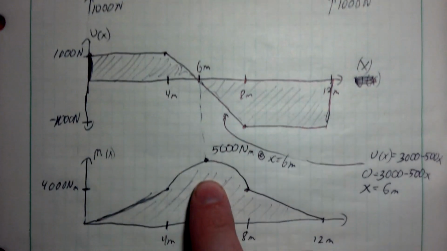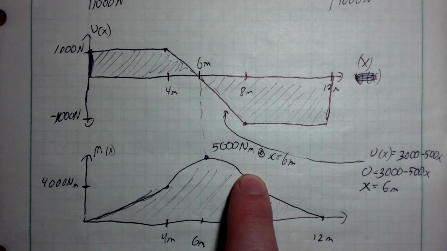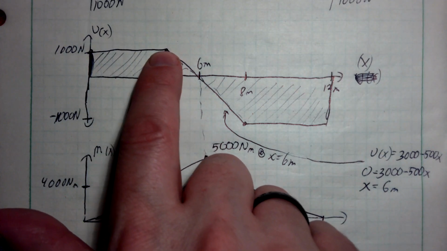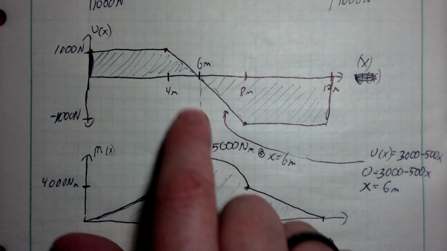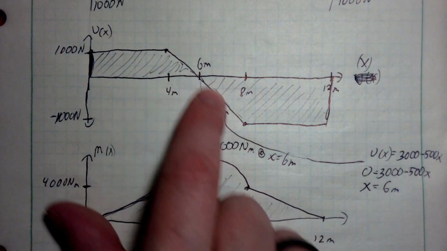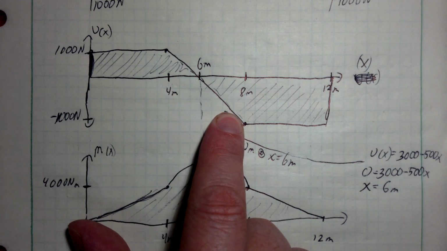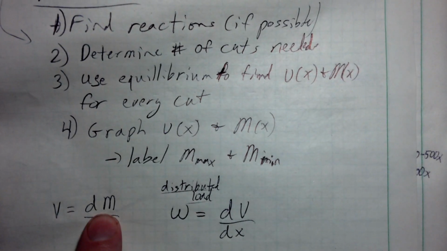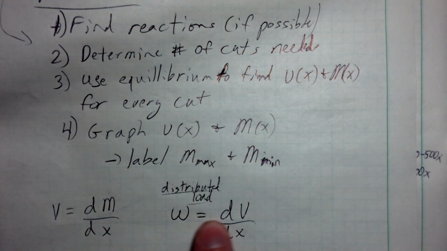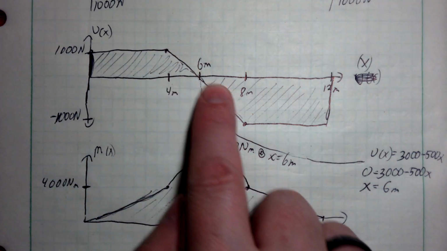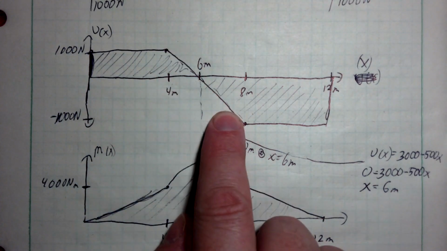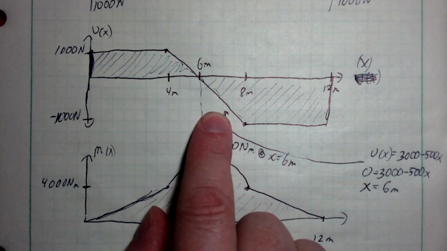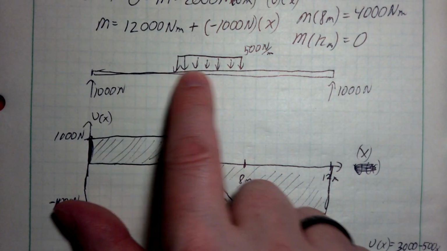So notice through here, my moment equation is a second order polynomial. It is concave down, so the derivative of that is a line with a negative slope. The shear is the derivative of the moment. The distributed load is the derivative of the shear. Here I've got a negative sloping line. The derivative of a negative sloping line would be a negative constant value.